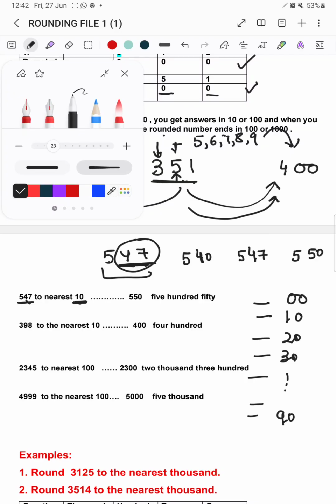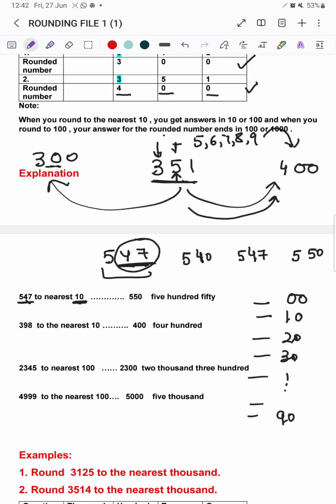Now the question is that I have to round it to tens, so I underline this tens digit, and then the same process, the next digit will decide whether I need to round up or go to the lower one. Because the next digit is 7 here, which is on the right side of the tens, 7 is coming in the category of 5, 6, 7, 8, 9 when we round to the higher number. So our answer would be 550.